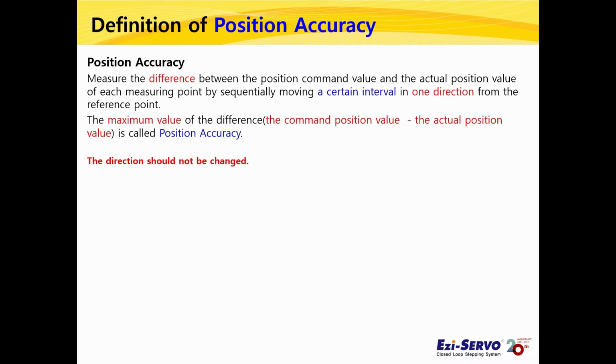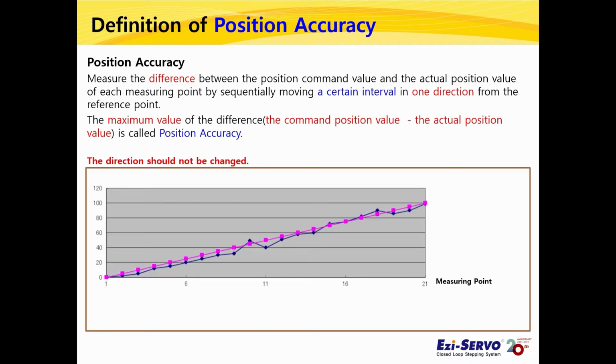For example, please look at the graph here. The horizontal axis refers to measuring point, and for the vertical axis, the pink graph refers to command position value, and the blue graph refers to the actual position value. Please look at the 11th measuring point.